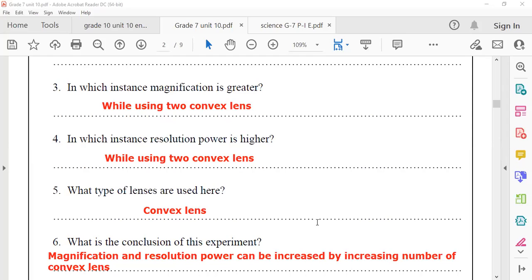Can you read it? What is written? Magnification can be increased by increasing the number of convex lenses. You can answer the third, fourth, fifth, and sixth questions. And tell me.